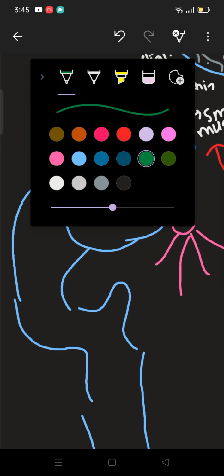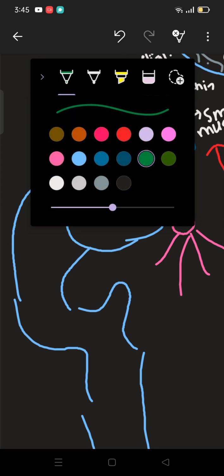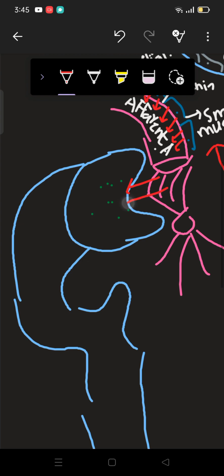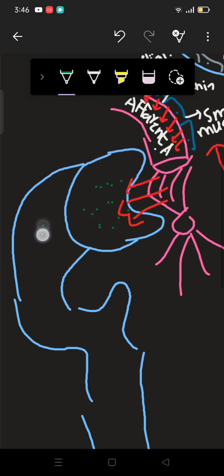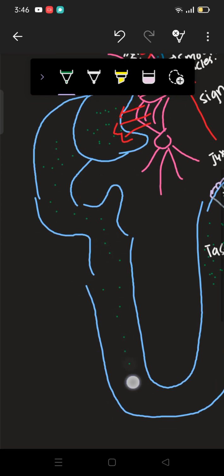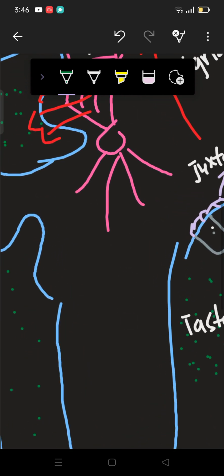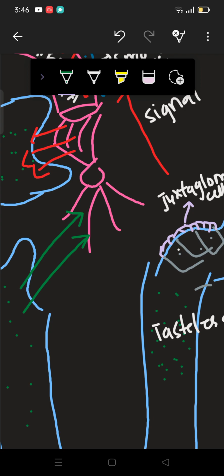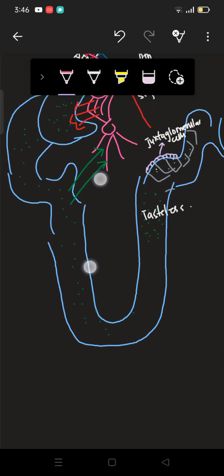Here would be the filtrate, as we know that the filtration is happening. So here we have filtrate now, and it will go to the PCT, then it will go to the loop of Henle, then again it will be absorbed here from the paratubular capillaries, and then paratubular capillaries, we know that, are forming vein.